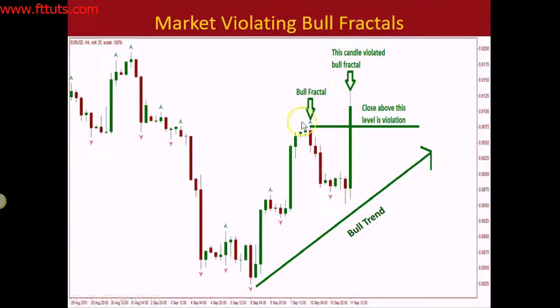This candle right here violates the bull fractal. Close above that level is the violation. You could see we started from here. The market moved higher in a bull trend. We're breaking bull fractals, guys. Never trade short. Why would you trade short when this is showing you the break of bull fractals and the market continuing to go that way?